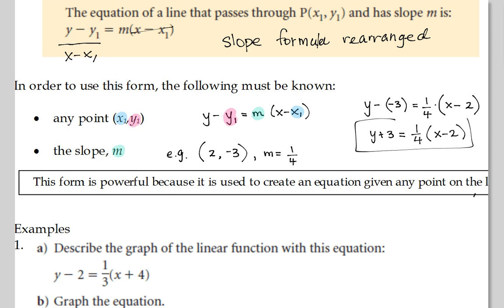This right here is an equation in the slope point form. Okay, so for the past couple days we've been doing y equals mx plus b. That's the slope intercept form. This one's the slope point form.